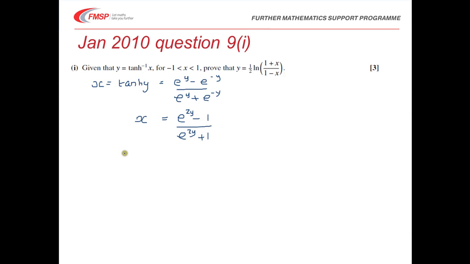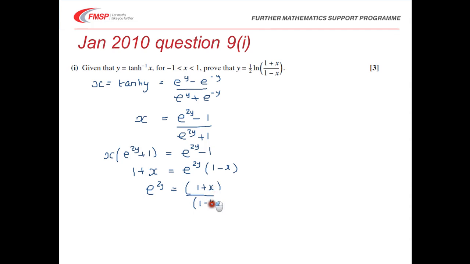So that's a minus, and on the bottom line it's e to the 2y plus 1. So I'm now just going to multiply out to get rid of the fractions. So we'll have x times (e to the 2y plus 1) equals e to the 2y minus 1. And multiplying out the brackets and rearranging, that will give us (1 plus x) equals e to the 2y times (1 minus x). So now we can say e to the 2y is equal to (1 plus x) over (1 minus x).